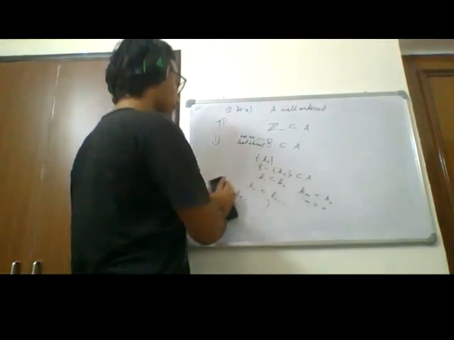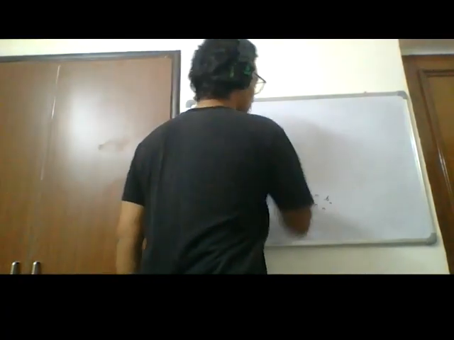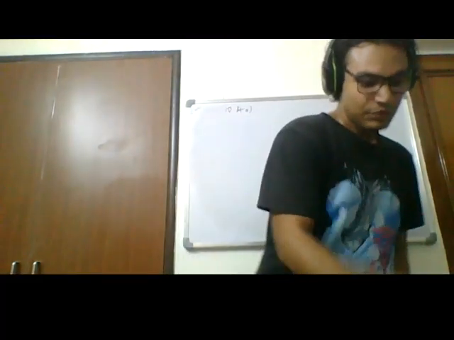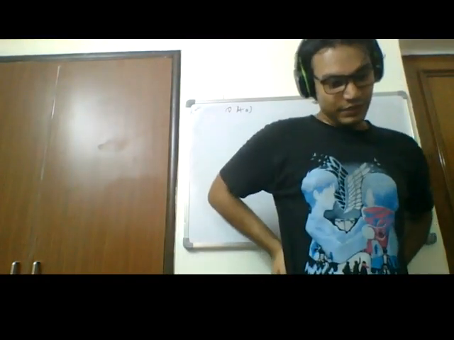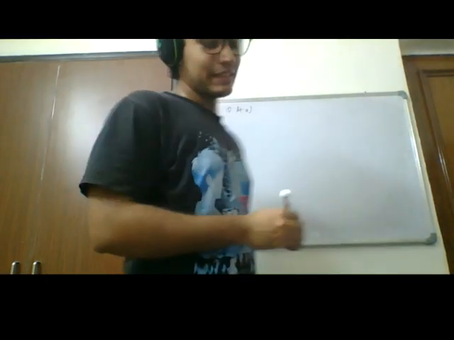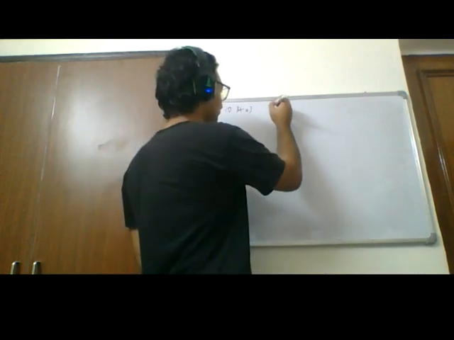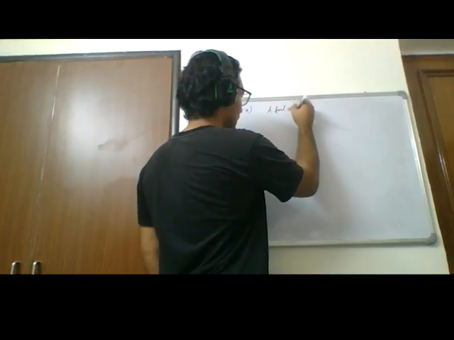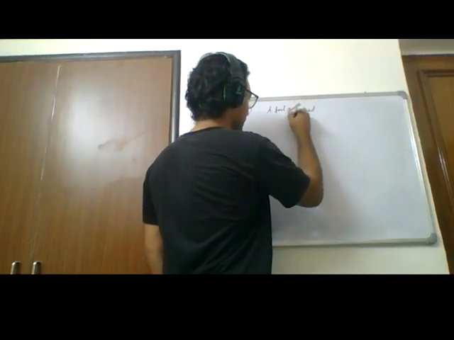Okay. Show that if A is simply ordered and every countable subset of A is well ordered, then A is well ordered. I think we just have to use the part A for this one. I think this works through a contrapositive. So let A fail to be well ordered. What does the statement say then?